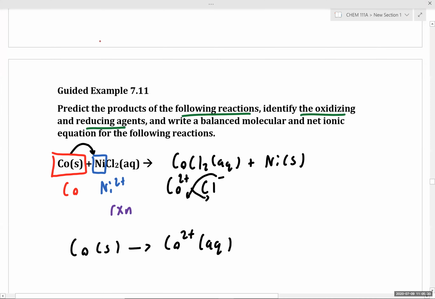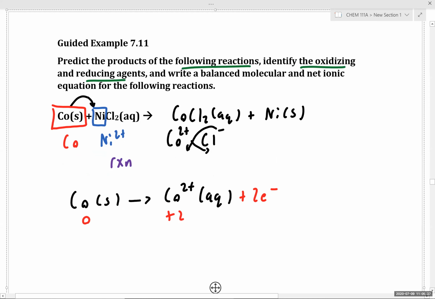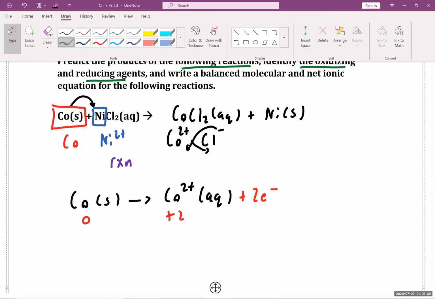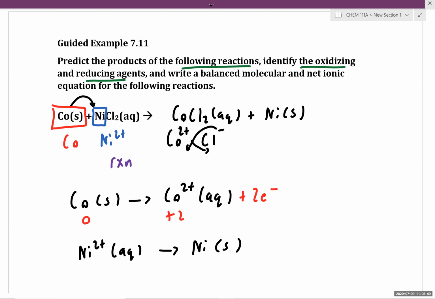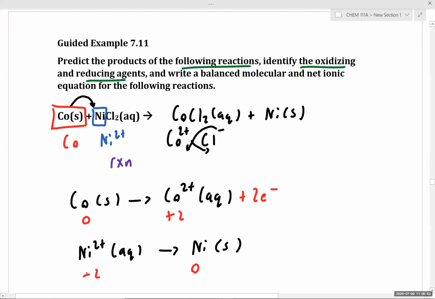We went from an oxidation number of 0 to +2, so we lost 2 electrons. Likewise, for nickel, we went from nickel 2+ aqueous to nickel solid. We went from +2 to 0, so we gained 2 electrons.